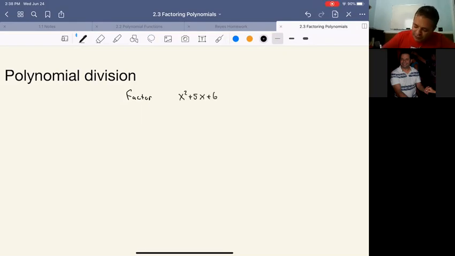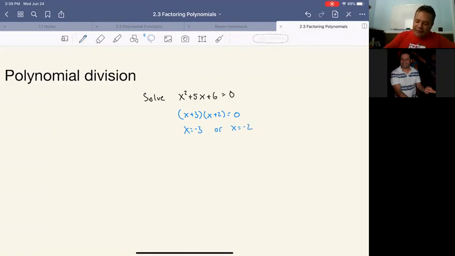Let's just solve it equaling 0. Now we know how to factor that. That's x plus 3 times x plus 2 equals 0, and so these solutions give us x equals -3 or x equals -2.